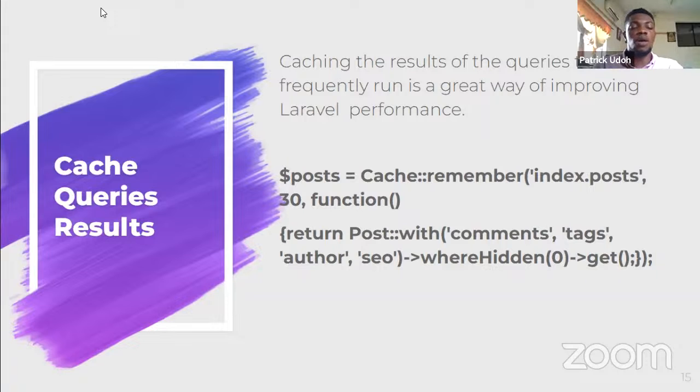It's good to use caching when you are not constantly querying the database for new results. Of course, this helps to improve performance because your application loads faster, as you don't need to go back and fetch every time there is a request.